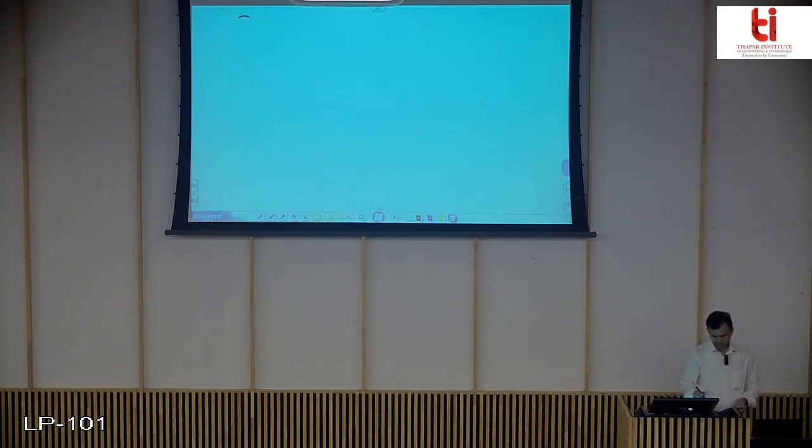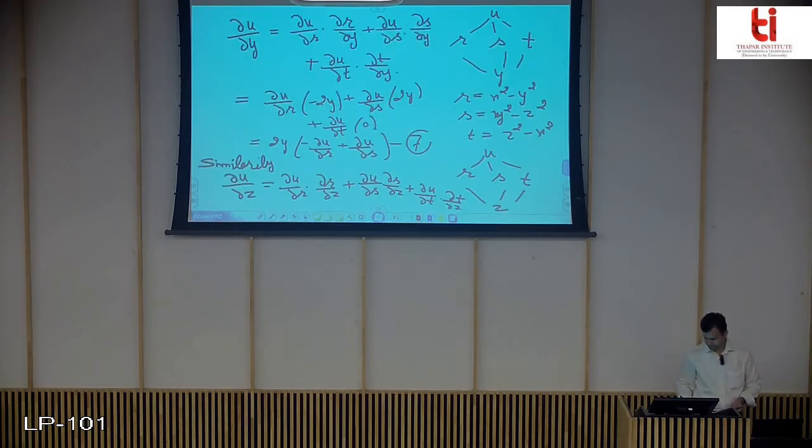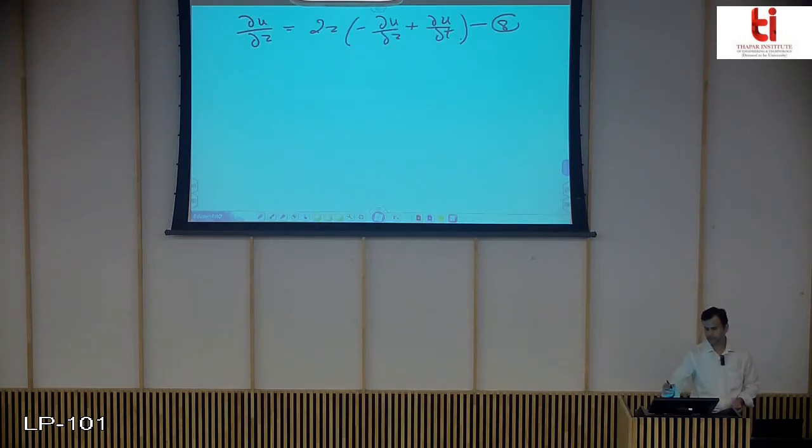I am writing it directly: you will get del u by del z equal to minus del u by del s. Similarly, proceeding as we did in the last two cases, you get this one, and the equation is number 8.